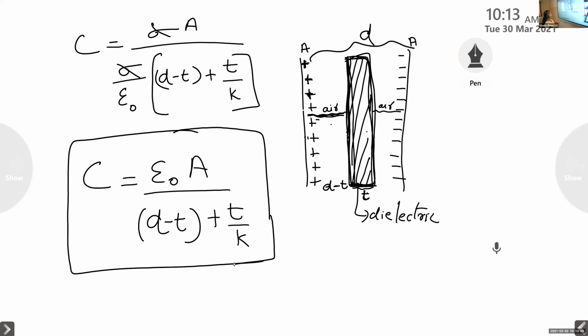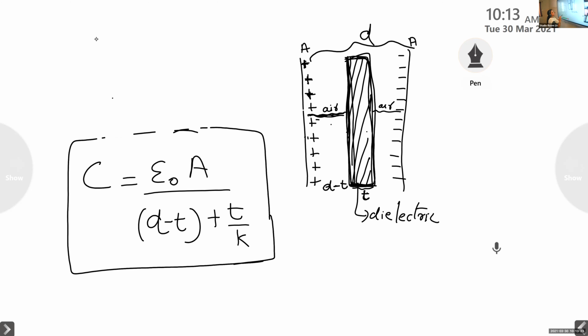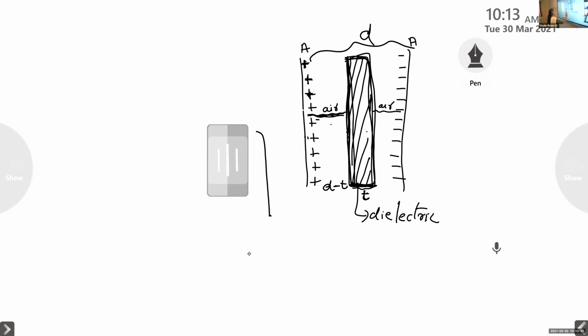Now, using this equation, we can derive a special case. Please note it as a special case. Can we take it as a third case? All of you write it as a third case.